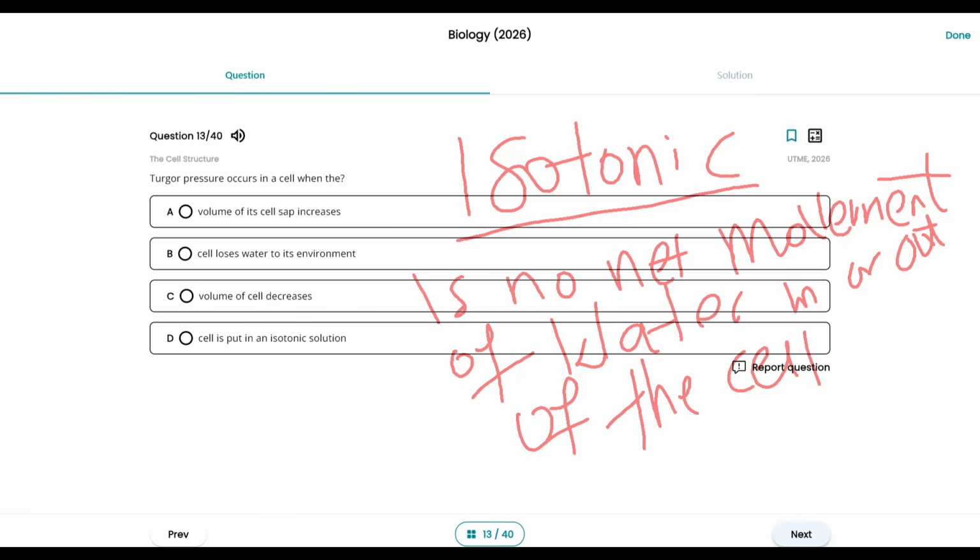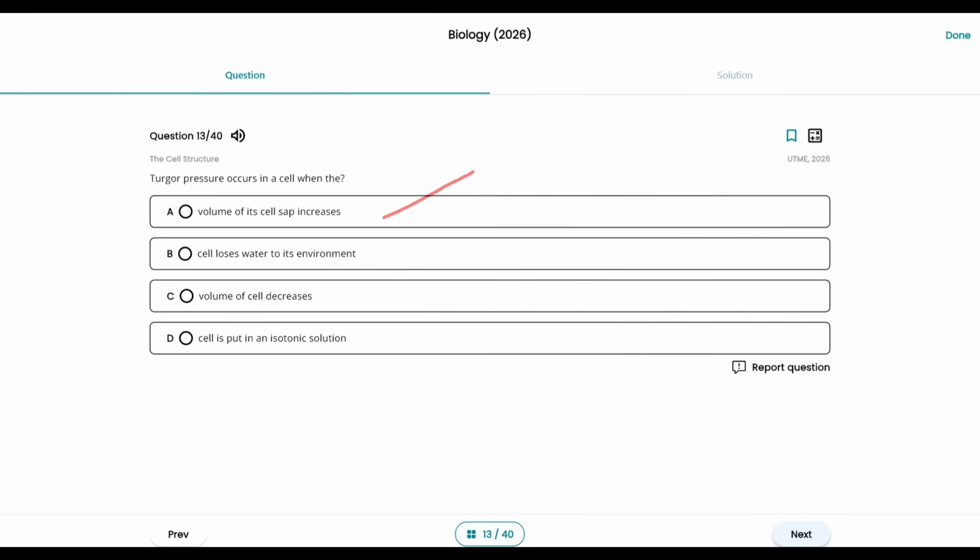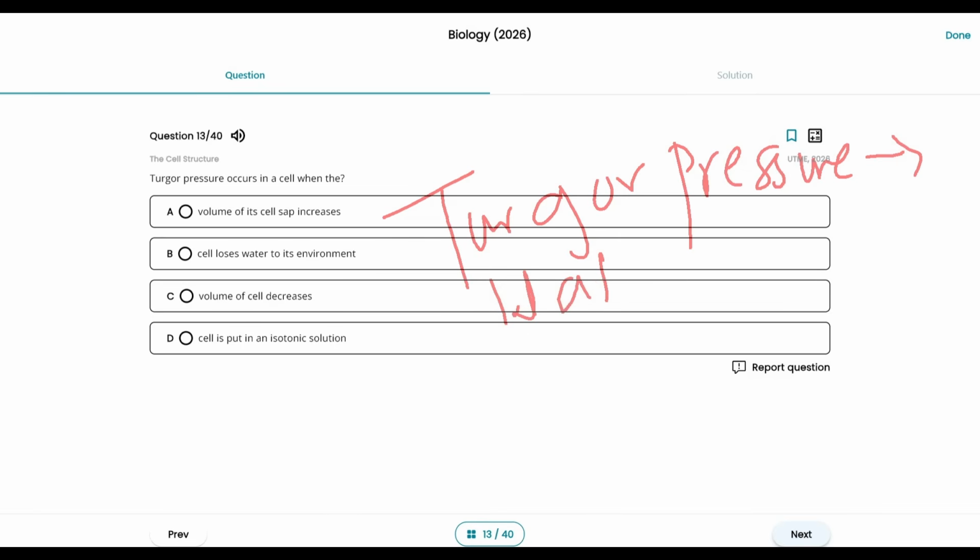Whenever you see turgor pressure, think water enters. Think water enters, okay?